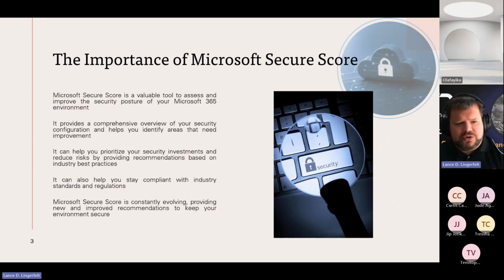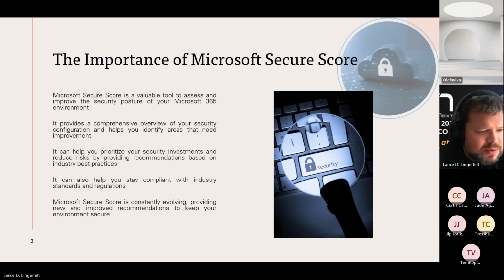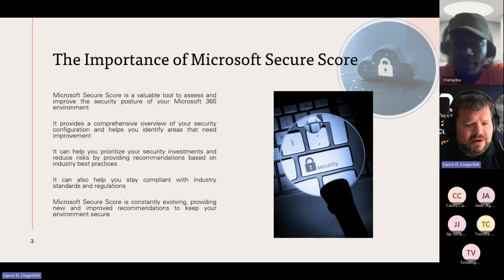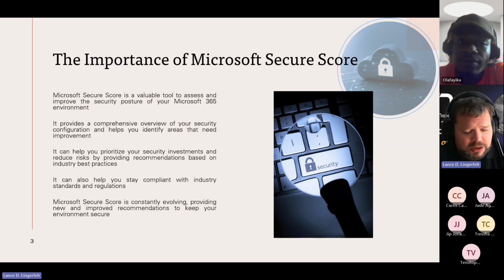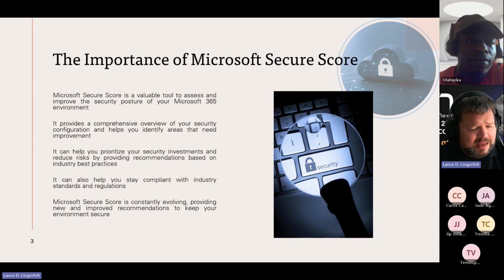And the importance of Secure Score is to make sure that you have a comprehensive overview of security configuration in your environment. You want to make sure that you're following rules so that your data and your users are safe.